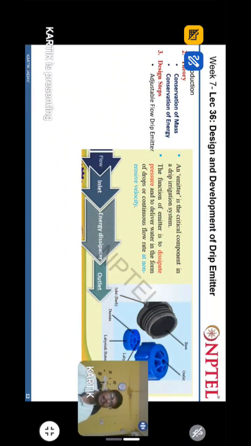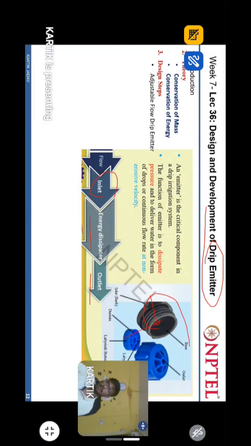In lecture 36, we learned about the design and development of the drip emitter. That drip emitter design we will show in this lecture. We know that a drip emitter generally has three components: inlet, energy dissipator, and outlet. The base component is the inlet.